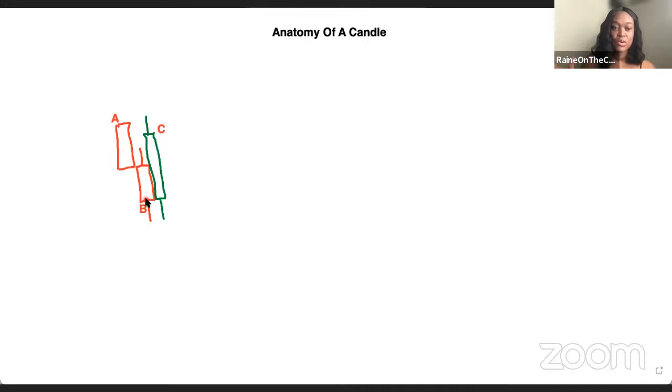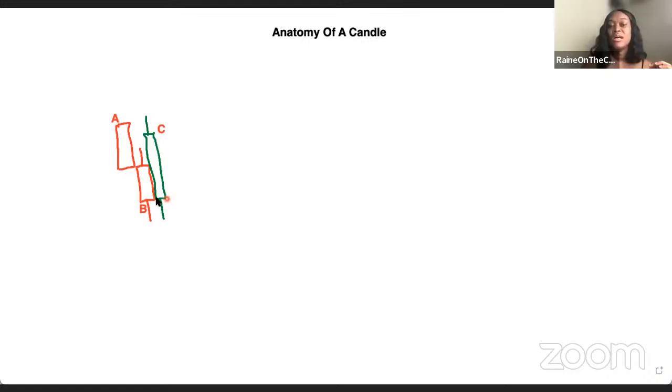Where's candle C opening? The top. Candle C is open at the bottom. The bottom, yeah. The bottom of the body or the wick? The body. The wick tells how high or how low it has been.